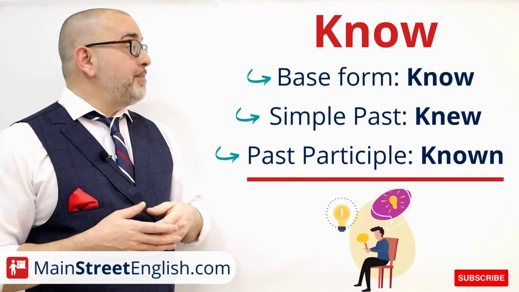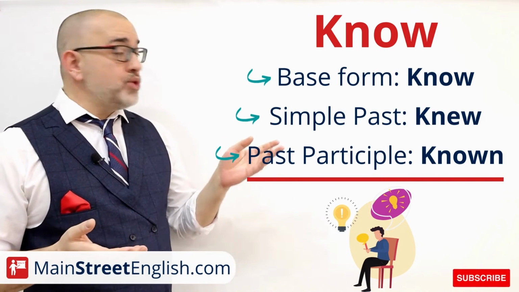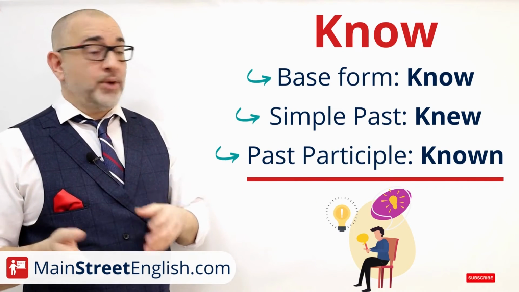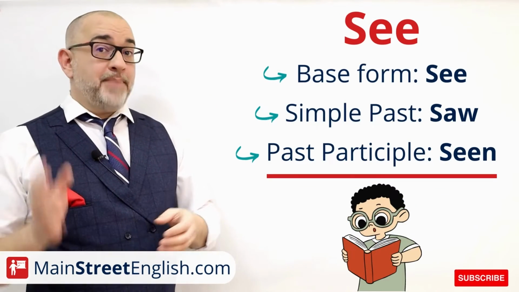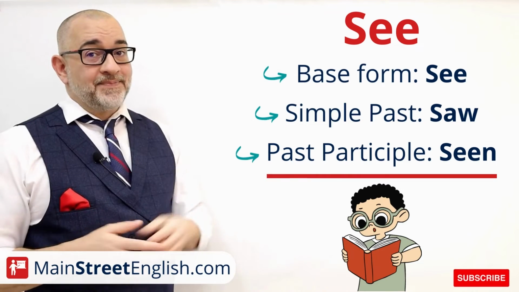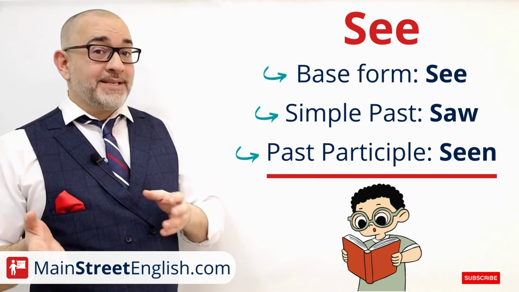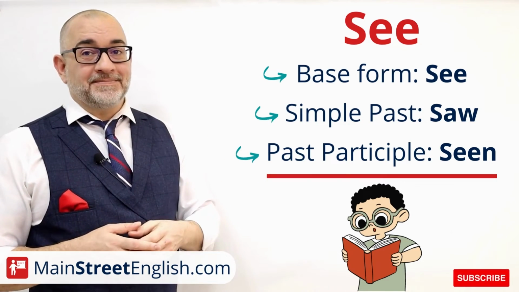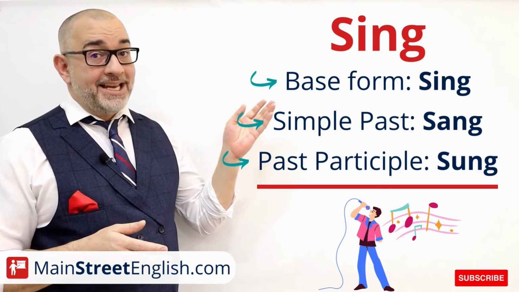Know. Base form know. Simple past knew. Past participle known. See. Base form see. Simple past saw. Past participle seen. Sing. Base form sing.